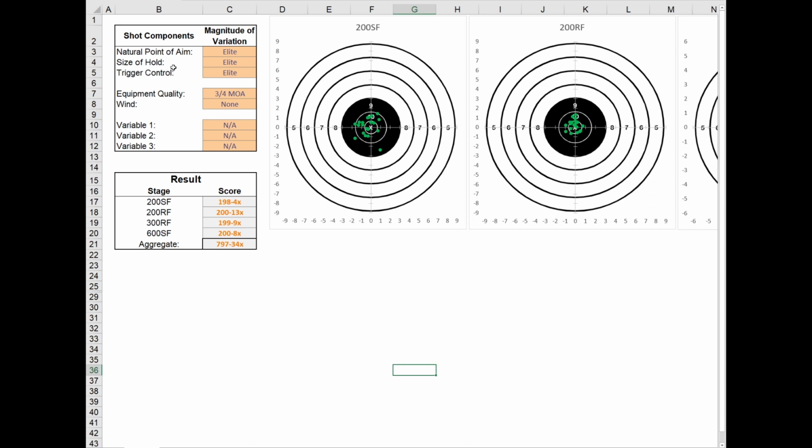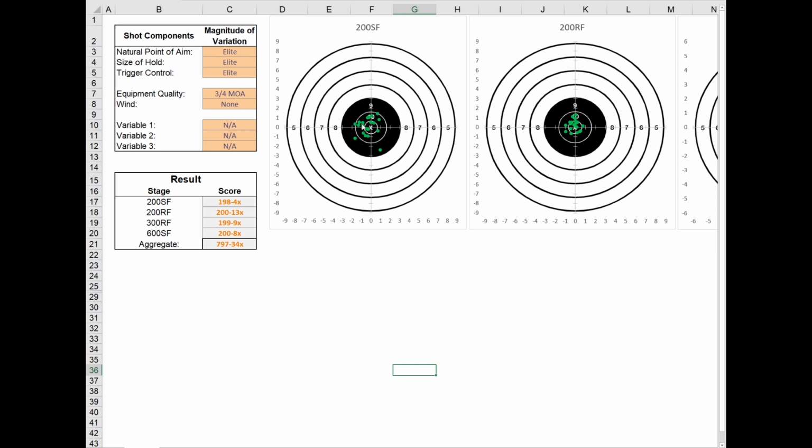Then once you fire, there's even more variation from trigger control. All that variation compounded means that even though you intend to hit the very center, the actual point at which the shot goes off is somewhere else.